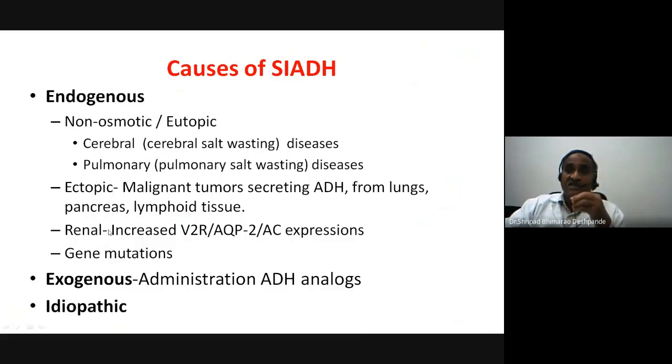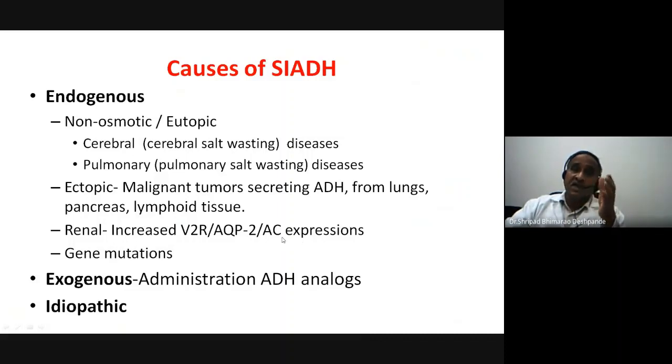Then in the third case, the ADH secretion may be normal, but the renal tissue is super sensitive to the ADH. That means increased sensitivity of the collecting ducts to the ADH action. That may be because of increased V2 receptors, or increased expression of the aquaporin 2 channels, or greater expression of the signaling pathways.